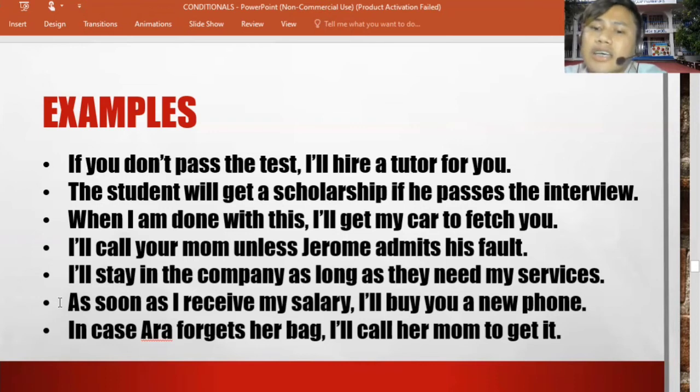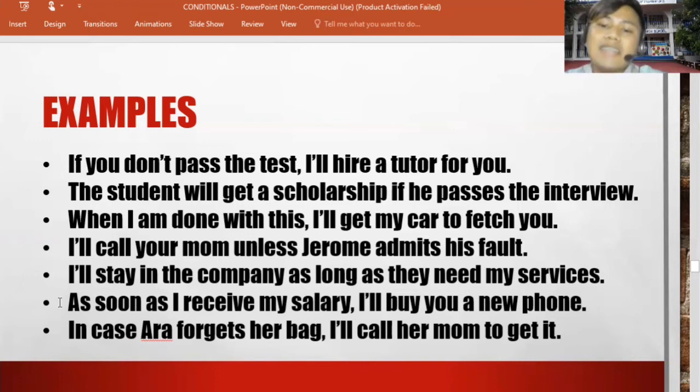It's like saying, once I get my salary, definitely the result would be, I will buy you a new phone. So there is a promise being given to someone else.